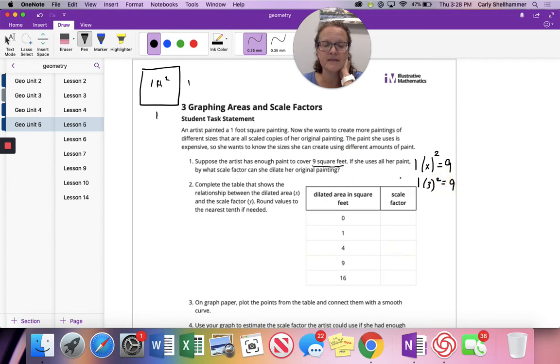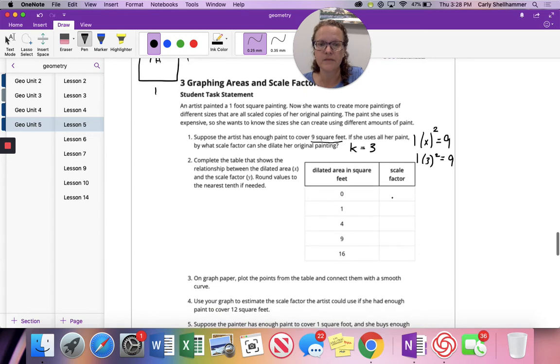All right, so that would be a scale factor of 3, because if we square that, we get 9. All right, complete the table that shows the relationship between the dilated area and scale factor. Dilated area, scale factor. Round values to the nearest tenth if needed.